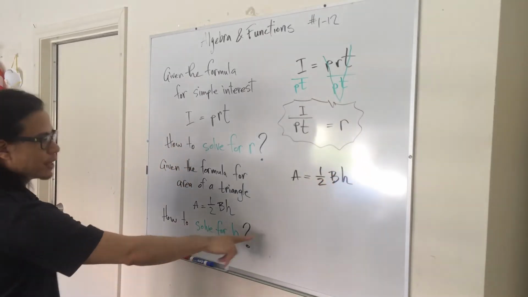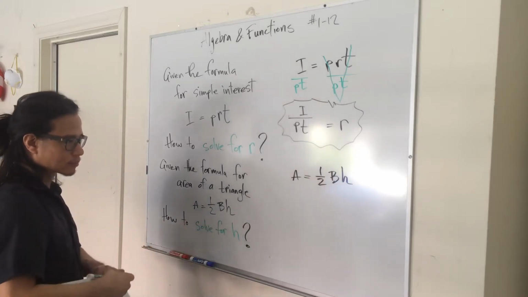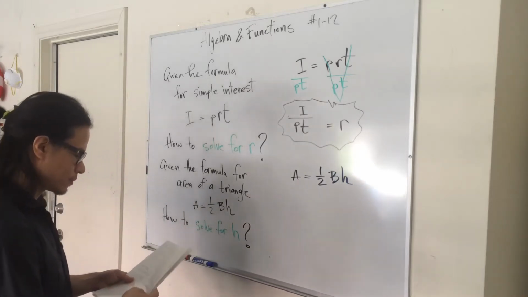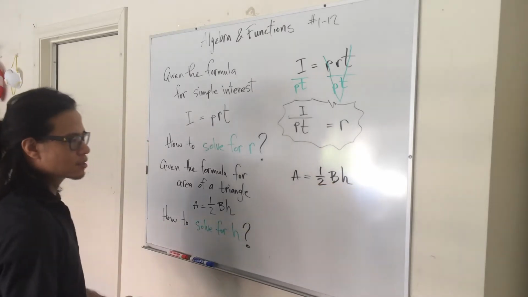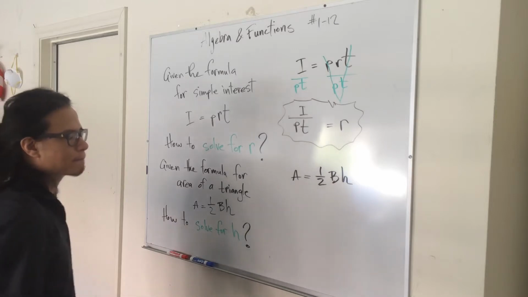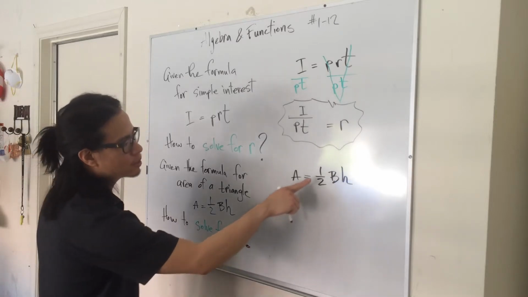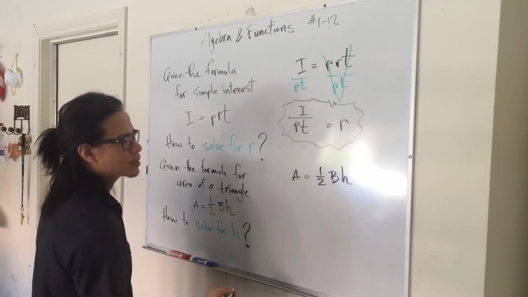If you want to solve for h, h is right here after the b. So we need to isolate h. The first thing I'm going to do is get rid of the fraction.